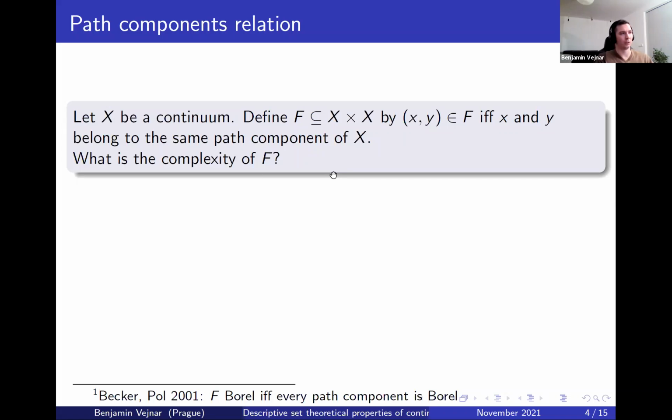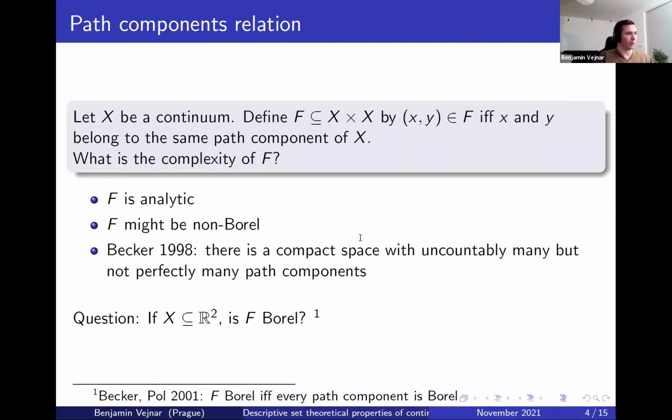So of course this applies to the following equivalence relation, and actually here it is the same, that the relation F is in general analytic, but it might be non-Borel. Okay, so it is much more complicated in general than the previous one.